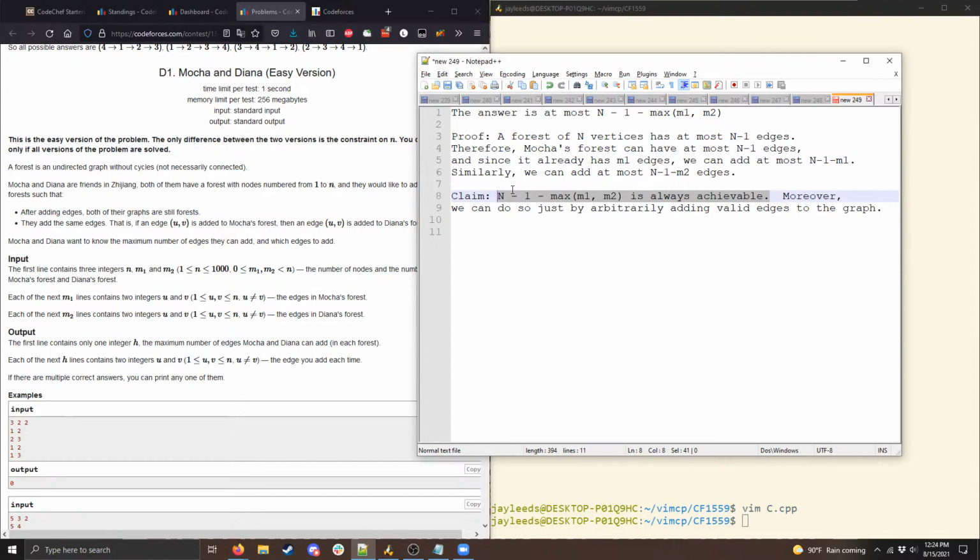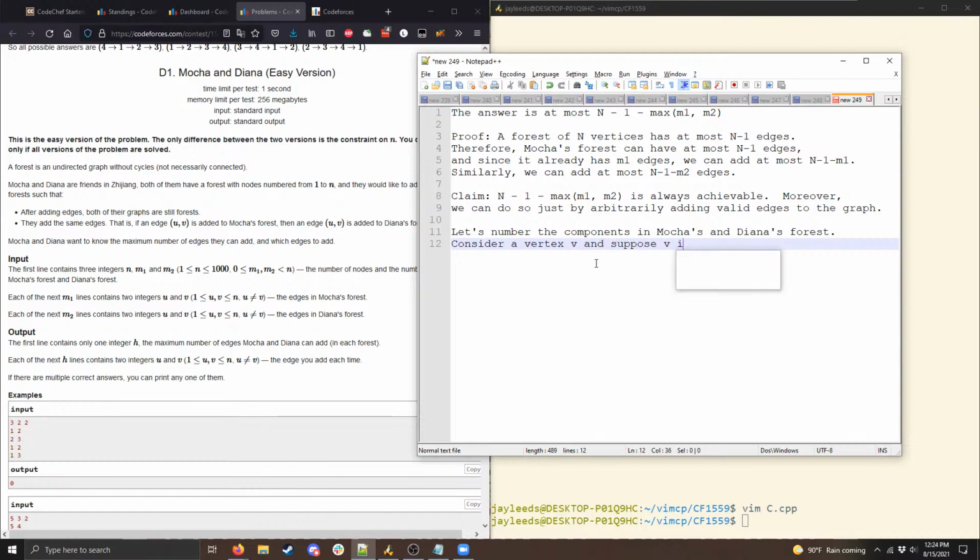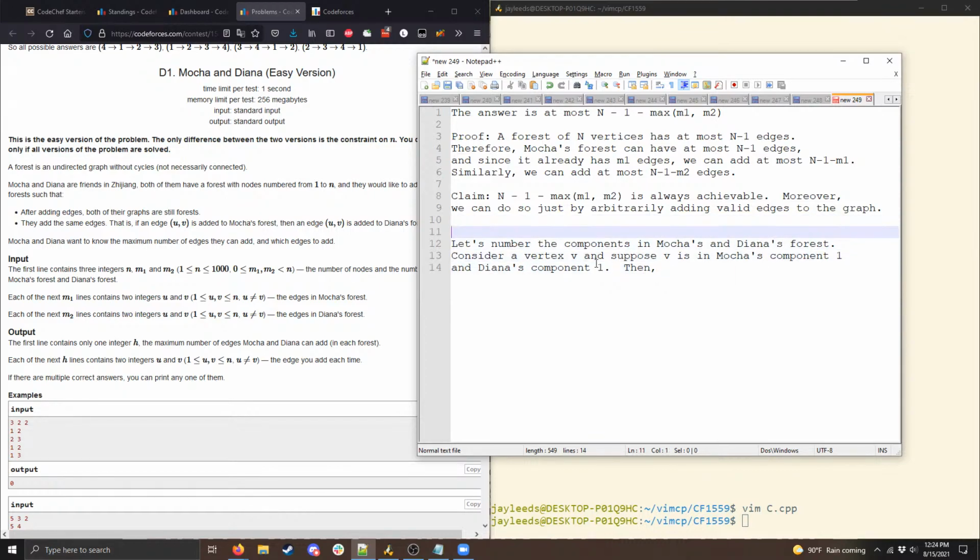Okay, so let's number the components in Mocha's and Diana's forest. Consider a vertex V, and suppose V is in Mocha's component 1 and Diana's component 1. Actually, hold on, sorry.